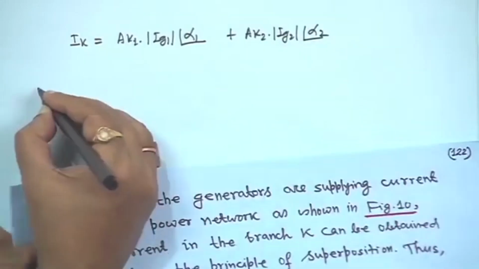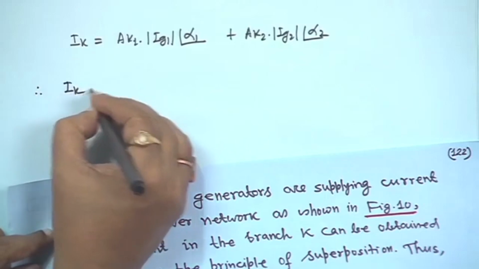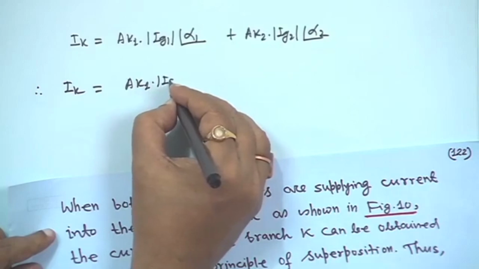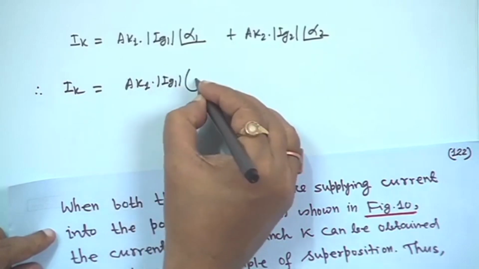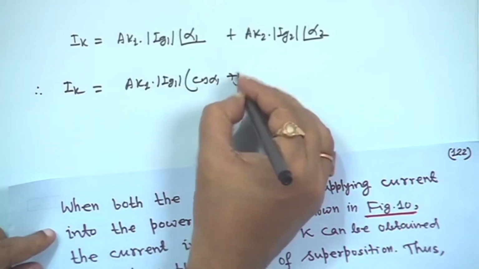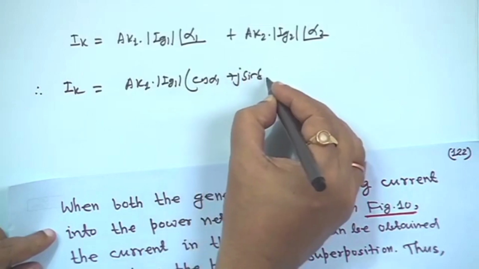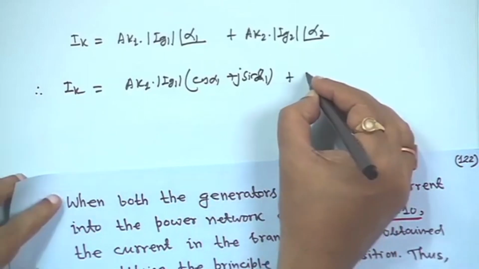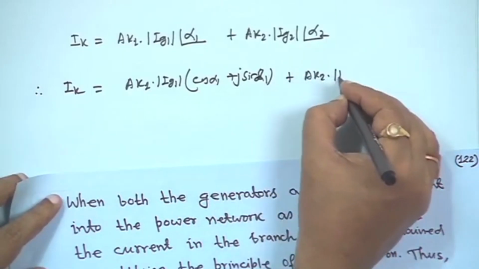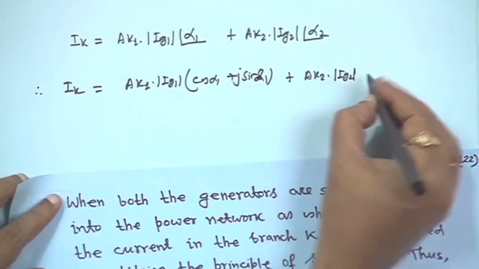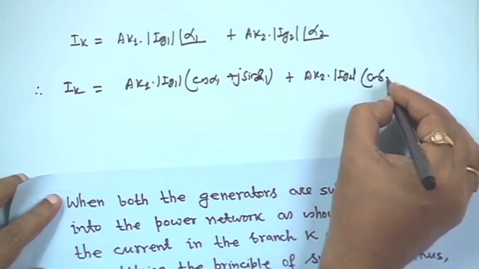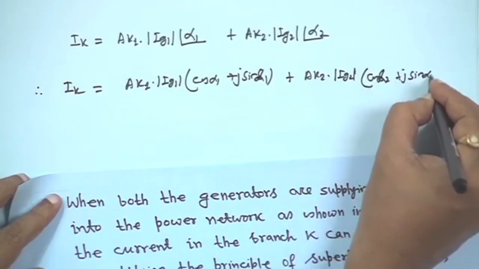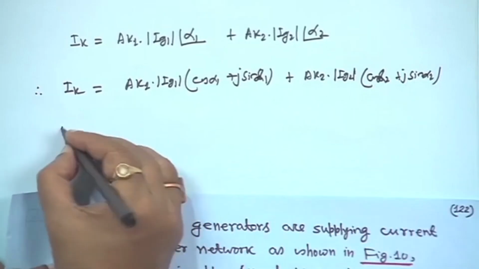That means you can write A_k1 |I_g1| in bracket cosine alpha 1 plus j sin alpha 1, right. Then similarly A_k2 magnitude I_g2, in bracket cosine alpha 2 plus j sin alpha 2, right.